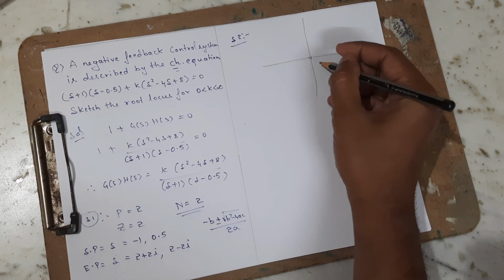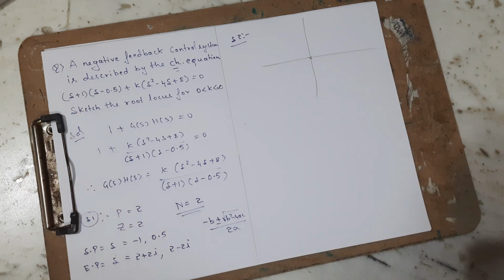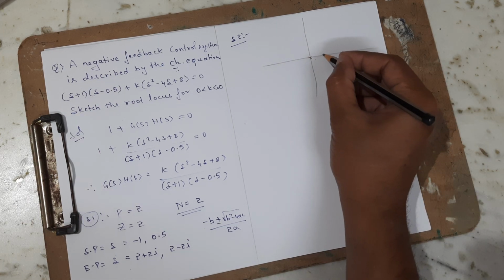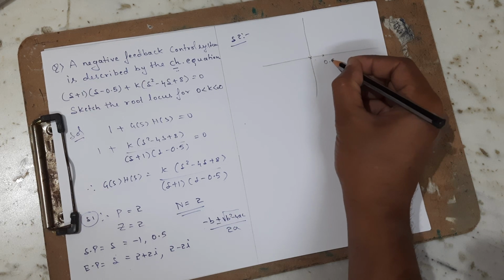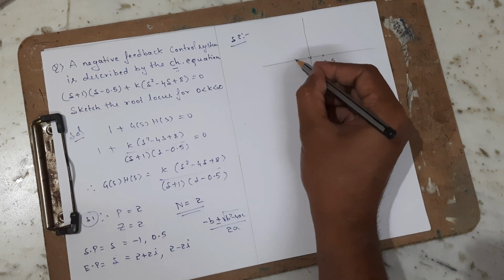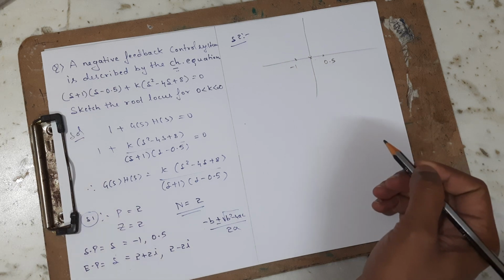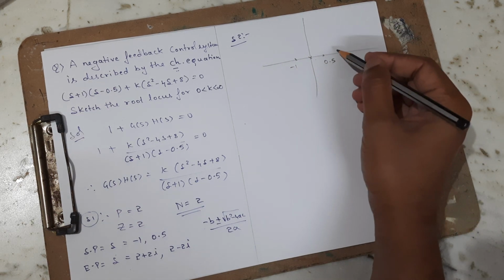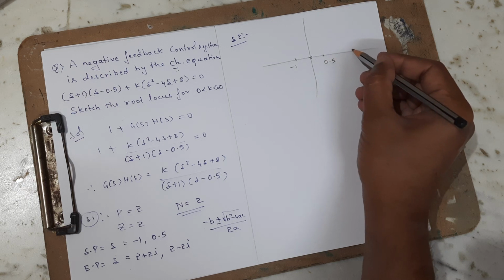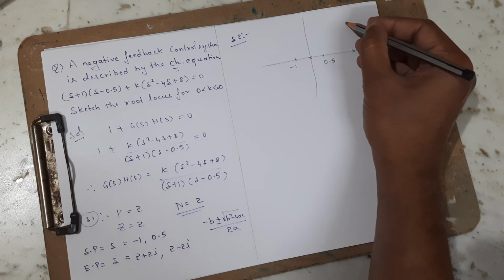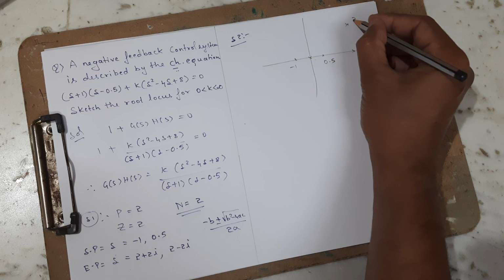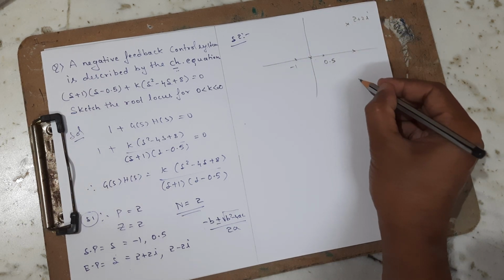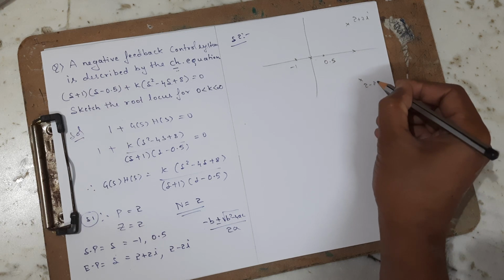The poles are at 0.5 and minus 1, and the zeros are at 2 plus 2i and 2 minus 2i.